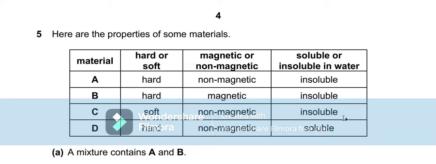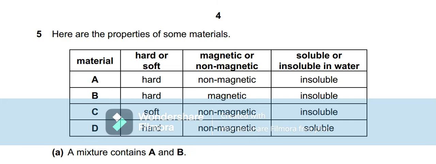It means that it is that liquid that we are going to collect through the filtration process, right? But that liquid contains water and material D. So for us to get material D, we then have to evaporate the excess water and remain with material D. So the two methods that we use here are filtration and evaporation.